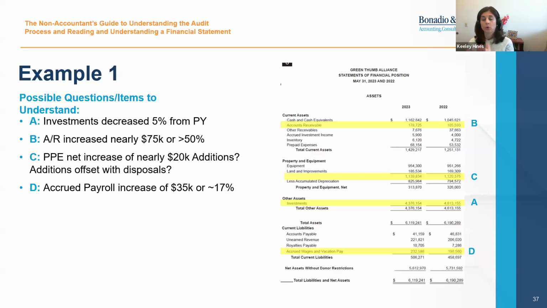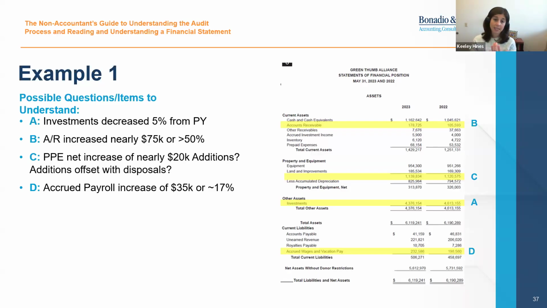Maybe a collector or an AR clerk position is open and the work is being spread out over a few people. And so yes, collections are slower, but it could be a real indication that maybe we do need to get said position filled quickly, because this is actually negatively impacting our cash flows.